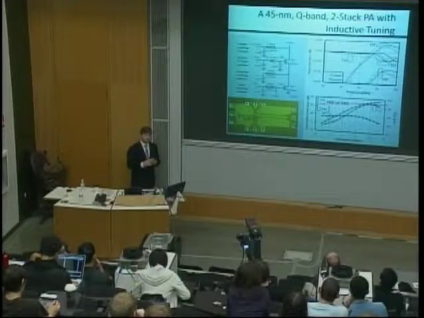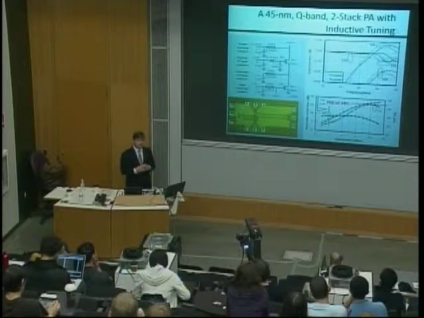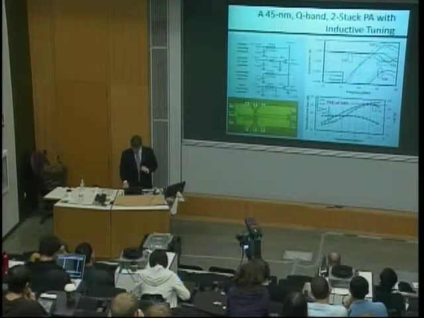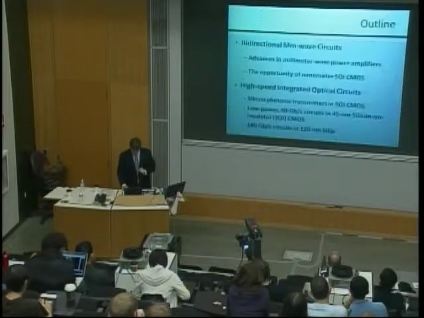So you do have to be careful of that biasing. We've found that these devices will withstand up to 2.5 volts of DC bias across them between the gate and the drain before they break. Any other questions? If something pops up, we can come back to that at the end.